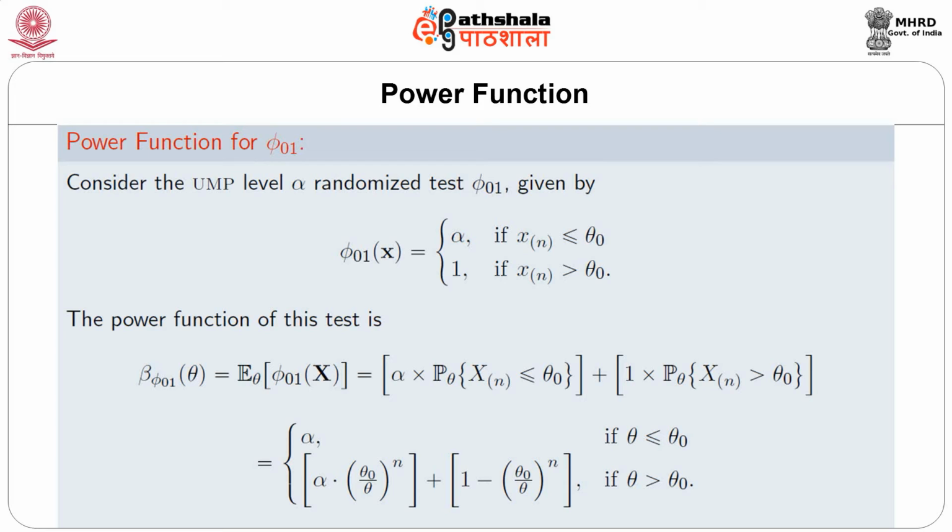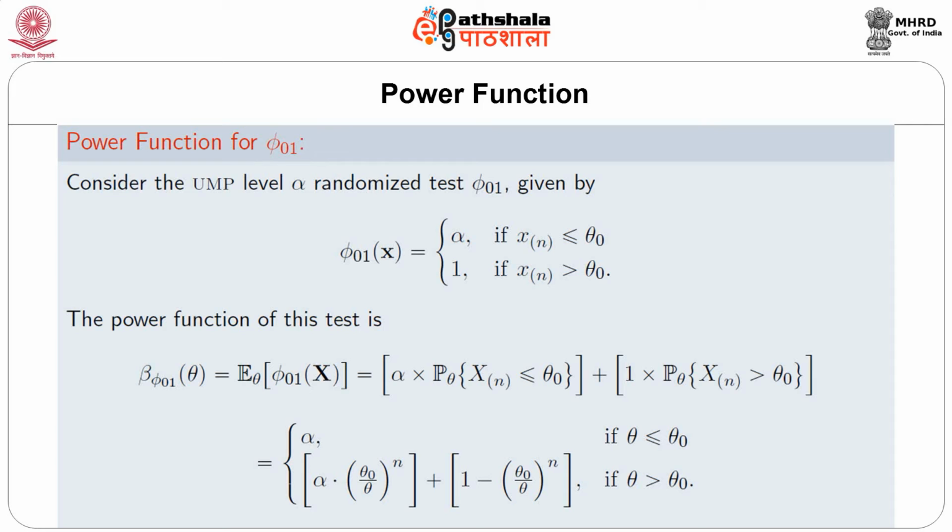So theta is a value under the alternative, and we have the power function for different values of theta. This is a function of theta, for theta less than or equal to theta naught and for theta greater than theta naught, where it is the power at theta.